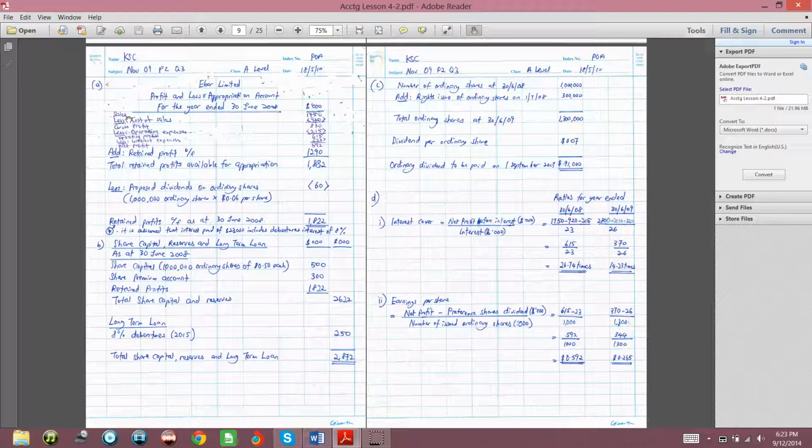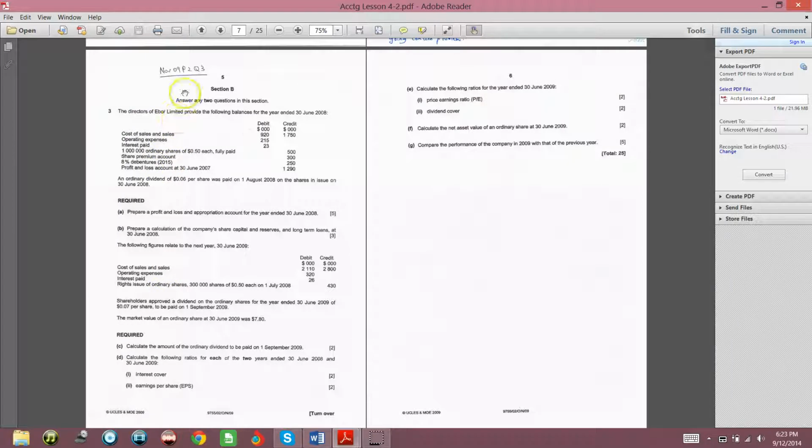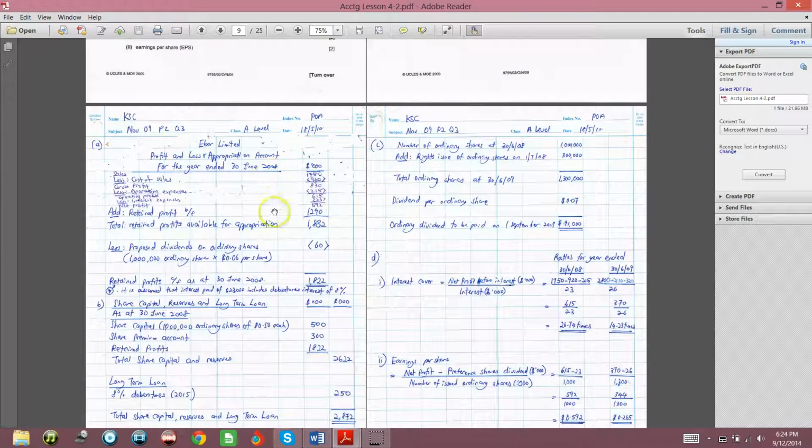Sales. In the question you see debit and credit. So you know sales is a credit balance, and cost of sales is a debit balance. Sales minus cost of sales, then you get gross profit. Then you minus operating expense, then you get your operating profit, then you minus interest expense, then you get a net profit.